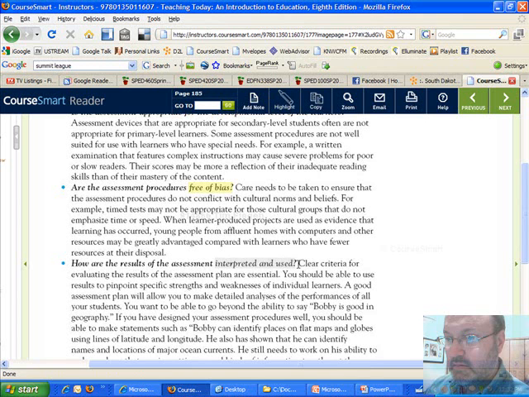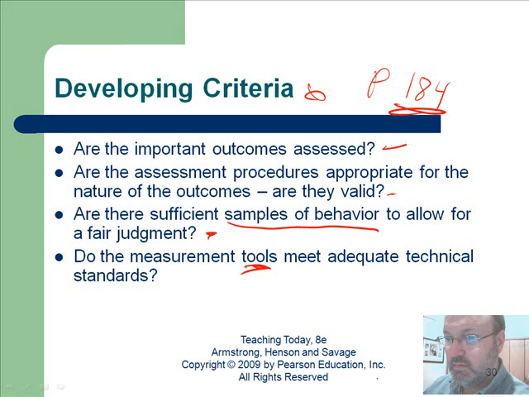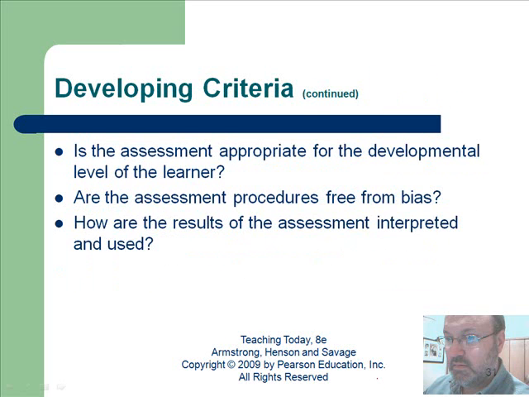Because sometimes we have assessments, but we don't interpret it and use it. Okay. So please come in here and read this. Developing criteria. Here's the biased, interpreted and used. Okay.